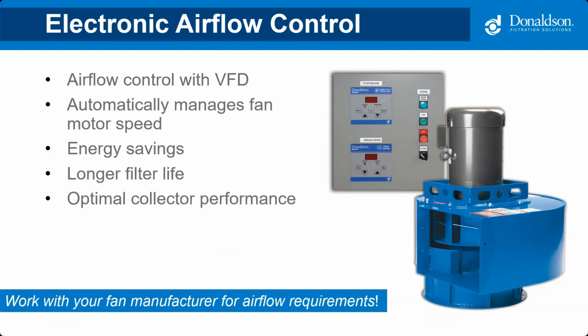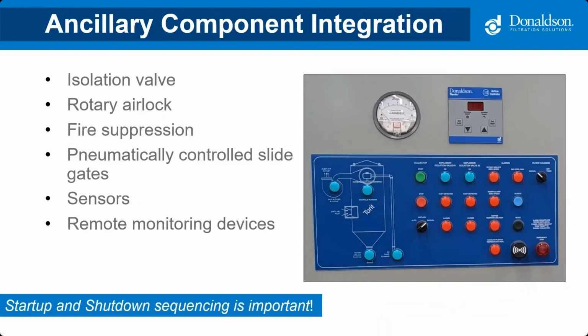Because it removes many variables of the system performance, we strongly recommend specifying a VFD. It's definitely a worthwhile investment to minimize risk. And just as a heads up, it's important to work with your fan manufacturer to understand the airflow requirements. Often they will recommend oversizing the fan slightly to allow for the maximum benefits of a VFD if you were to use that in your system.